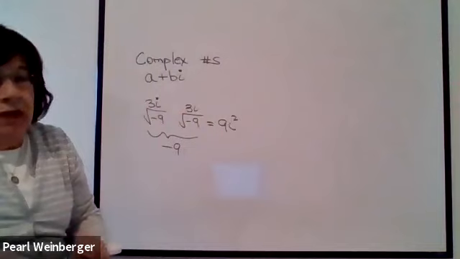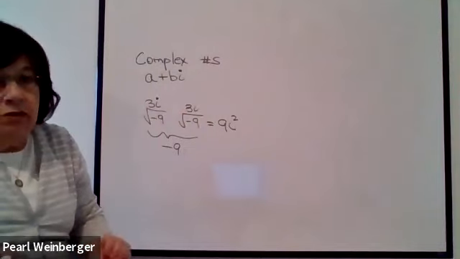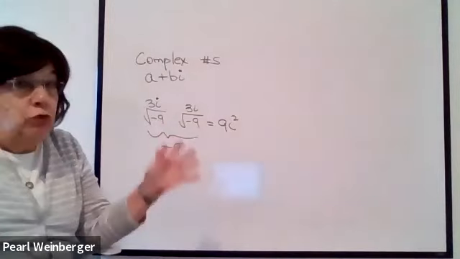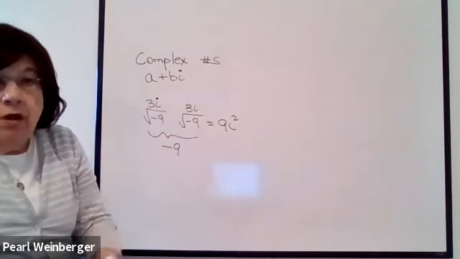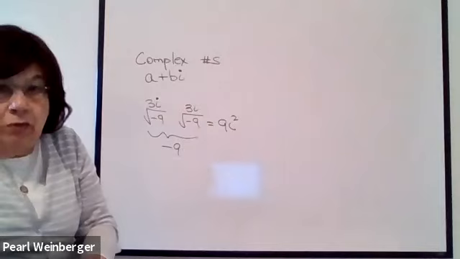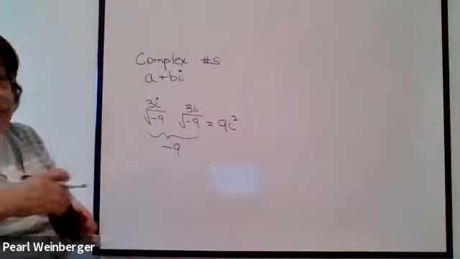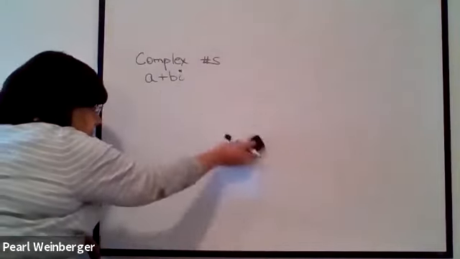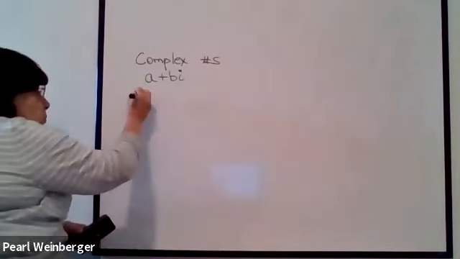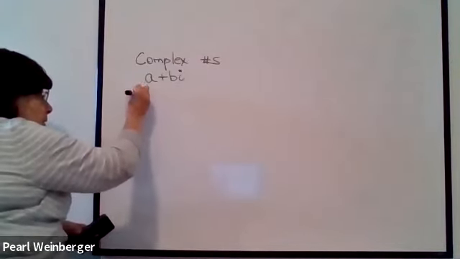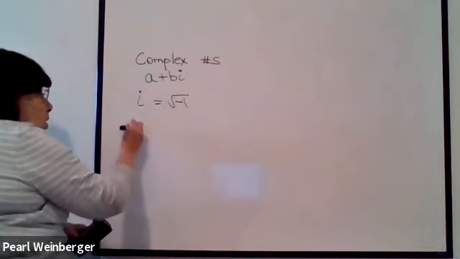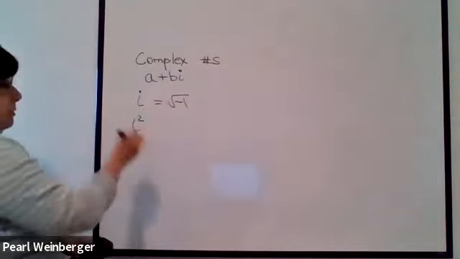So really what we have to discuss is, once you know this, you really will be able to do anything with these i's. What do you do when you have an i squared? So here we are. Major problem. We know i is the square root of -1. What is i squared?